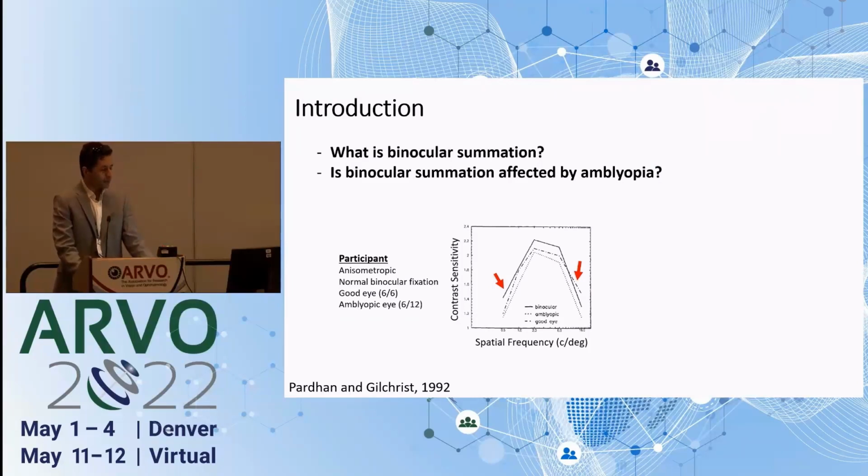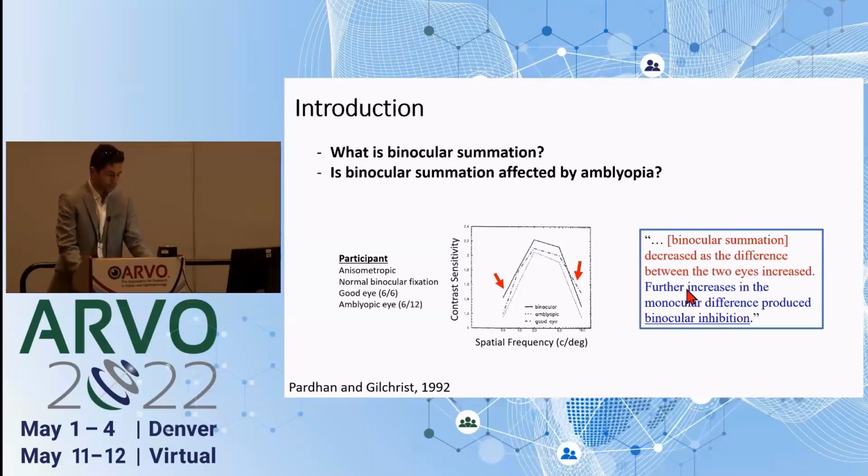I think to some extent it's also related to our first talk by Dr. Birch, but we can talk about that later. Based on this subject and many others that participated in their study, they suggested that binocular summation decreased as the difference between the two eyes increased, and further increases in the monocular difference produce binocular inhibition.